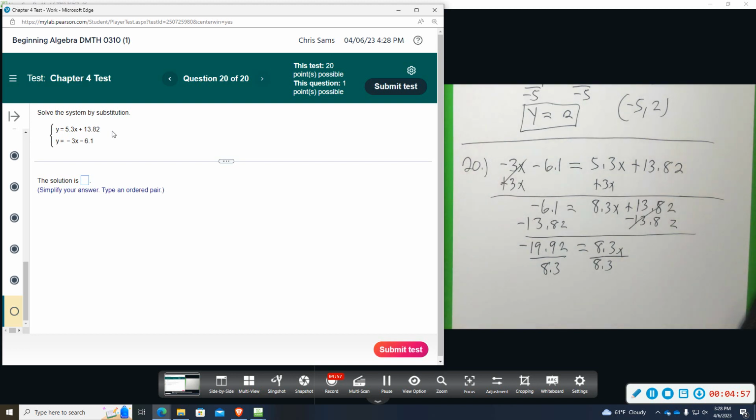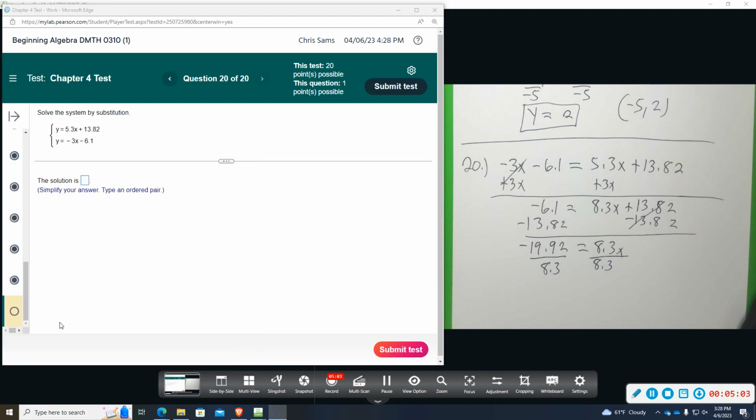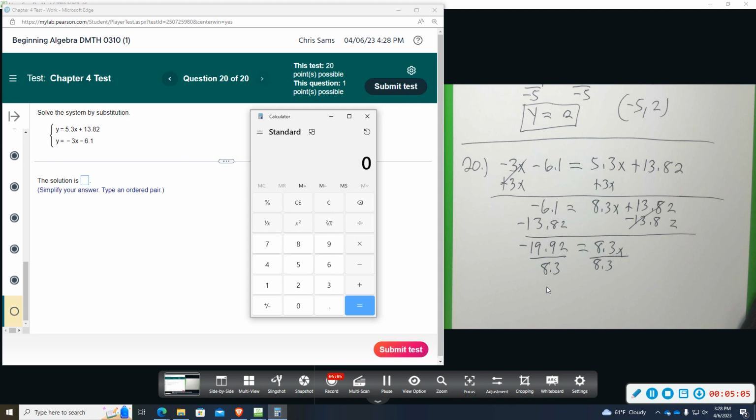So let's compute this with the calculator. See what we get. I know it's going to be negative, so I'm just going to put the 19.92 divided by 8.3. We get 2.4.